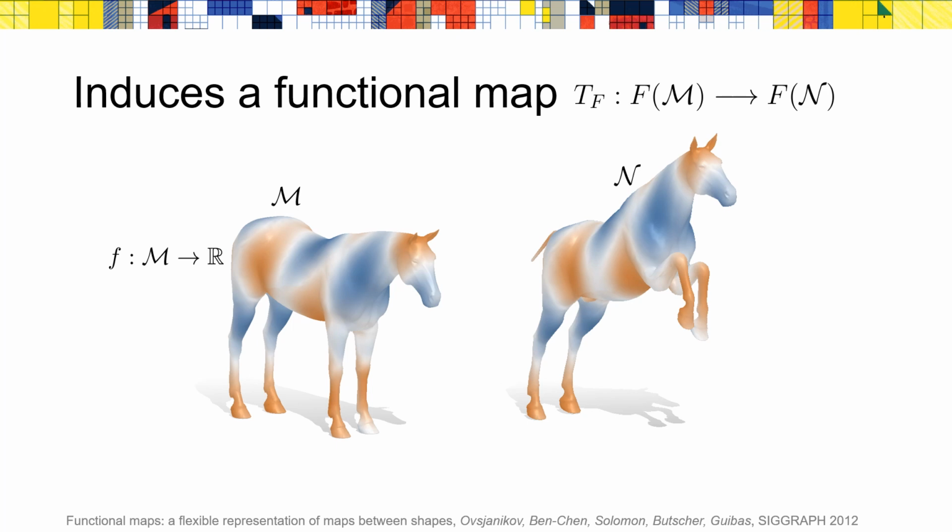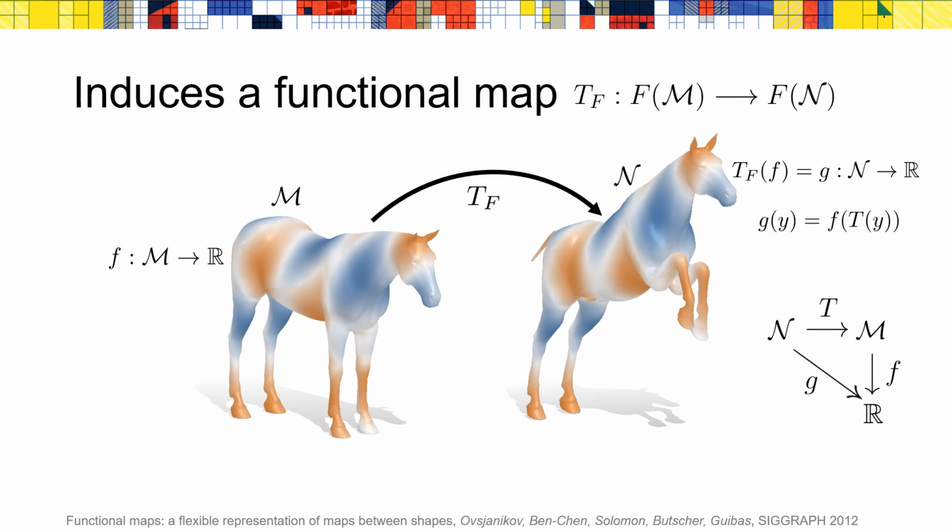So now the point-to-point map T induces a functional map between the two shapes. If we consider a function f defined on M, we can transfer this function to N, obtaining a function g defined on N, and this can be done through composition of the point-to-point map and the signal f.